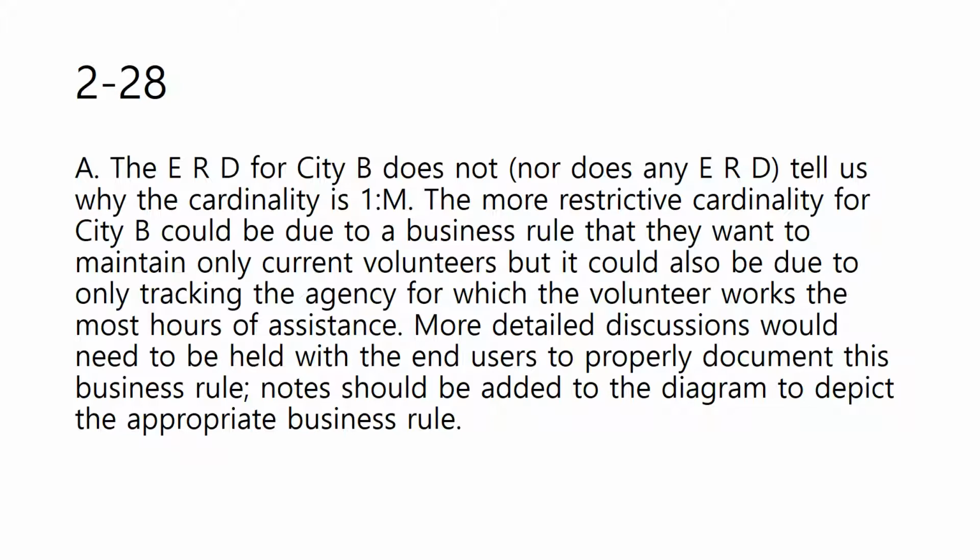More detailed discussions would need to be held with the end users to properly document this business rule. Notes should be added to the diagram to depict the appropriate business rule.